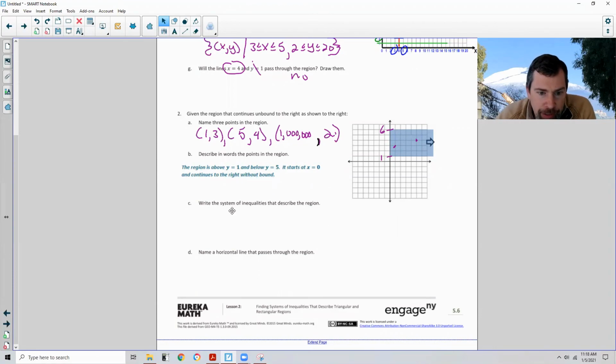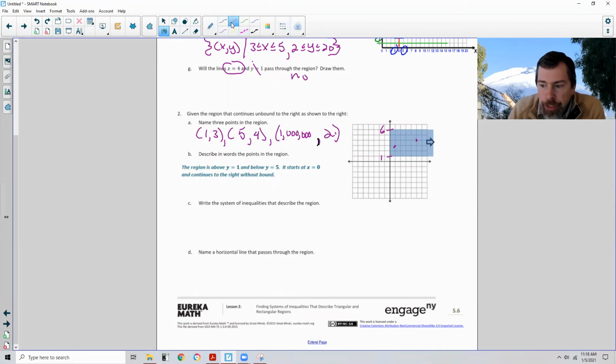C says, write the symbol of inequalities that describes the region. Okay, so it's the same as the prior one. So I need my X to be between 2 things. So X is between, and I don't see any lines here, so I'm not going to use equal signs. And it does say the region is above Y equals 1. It's not including Y equals 1. So X is between, so X is going this way.